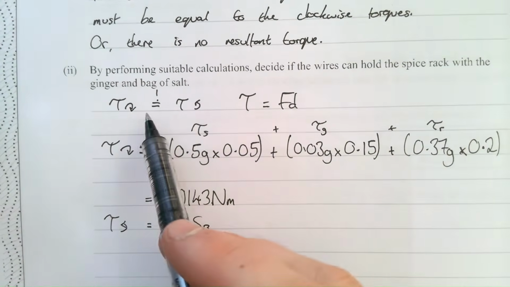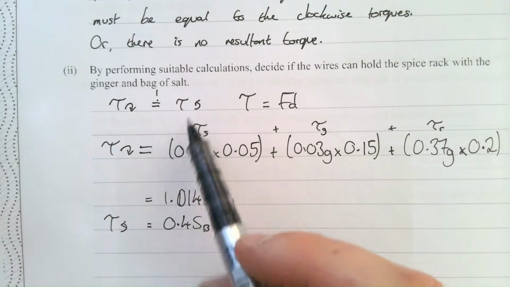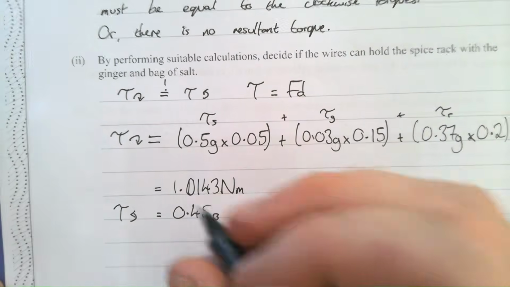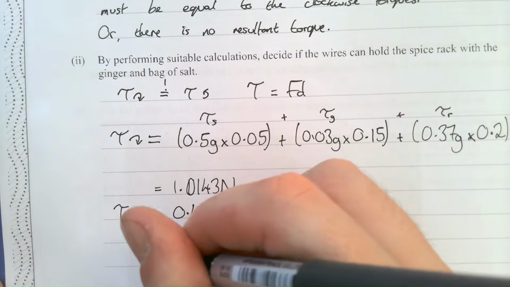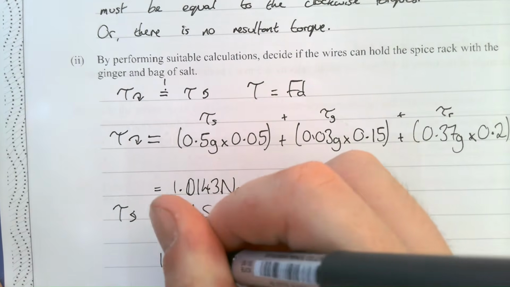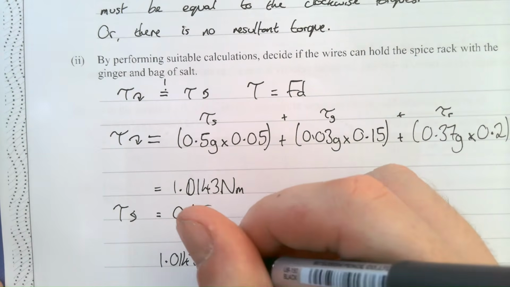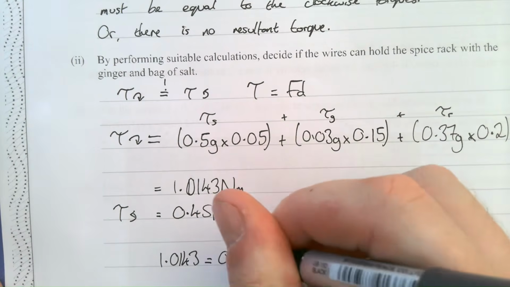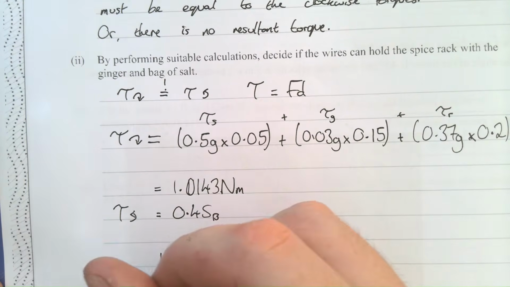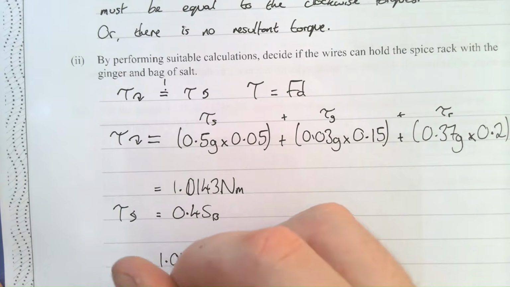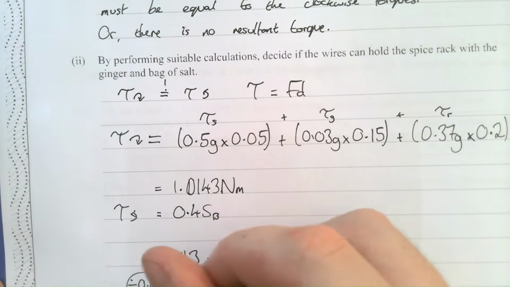Now, back to our first condition, we've said that the clockwise torques must be equal to anti-clockwise, and so we can say that 1.0143, again using the unrounded number, must be equal to 0.4 SB. And if we divide both sides by 0.4, we get SB on its own.